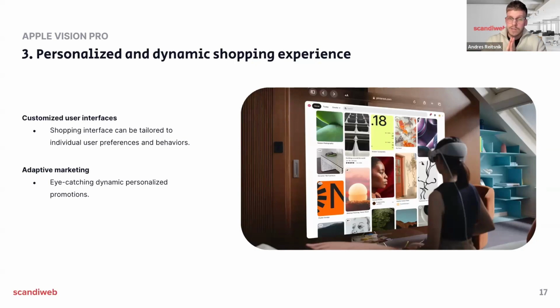So the app design and human-centered approach allow for highly personalized and adaptive shopping experience, making it accessible for a wider audience, including those with disabilities. We have voice control as well. And that is a key aspect of the whole design of the device and contributes to an enhanced overall user experience.